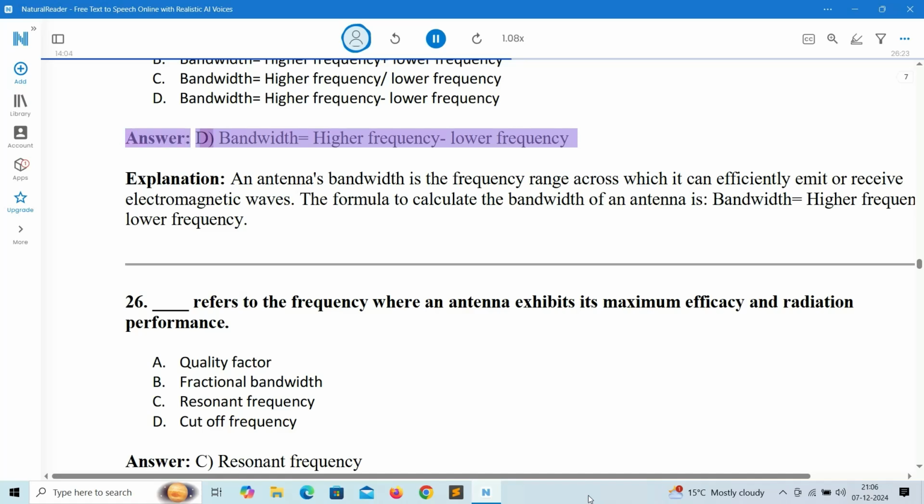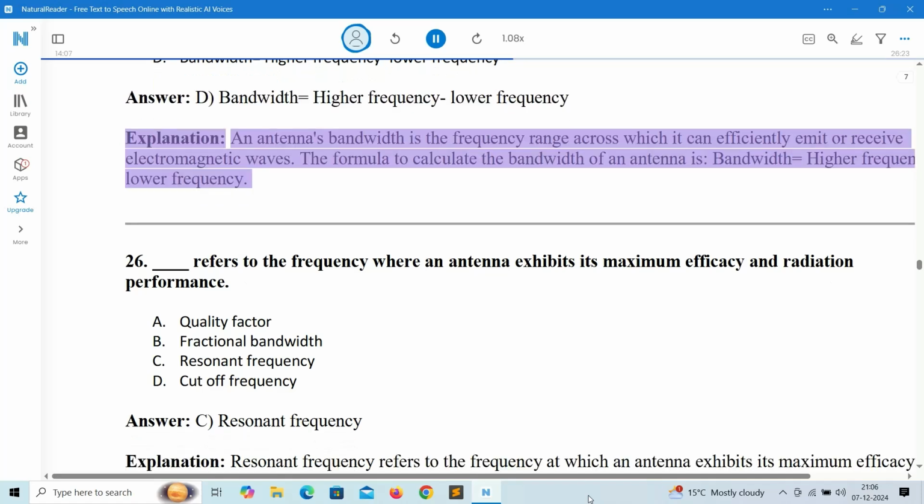Answer. D. Explanation. An antenna's bandwidth is the frequency range across which it can efficiently emit or receive electromagnetic waves.